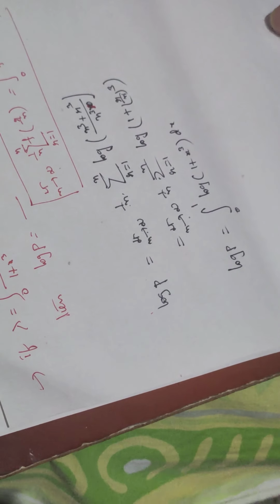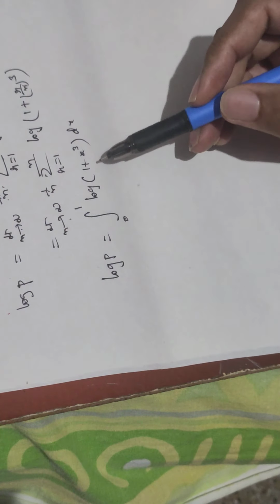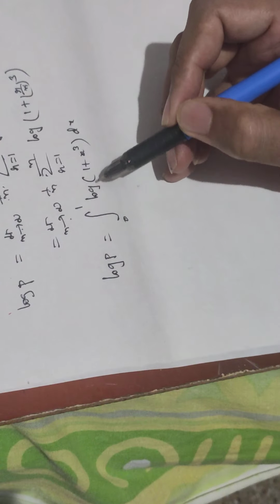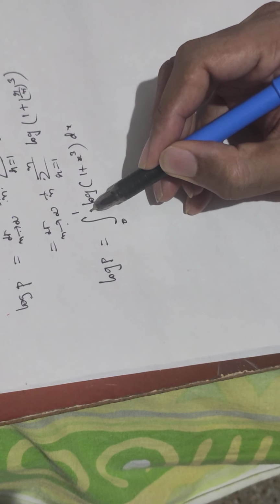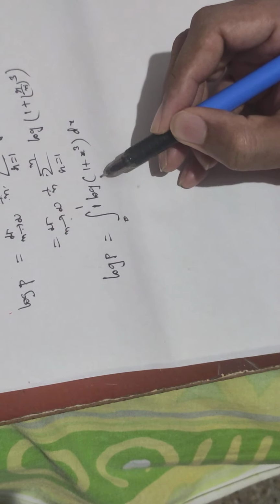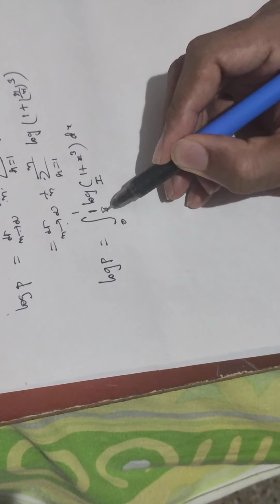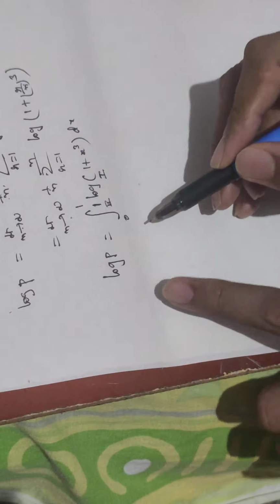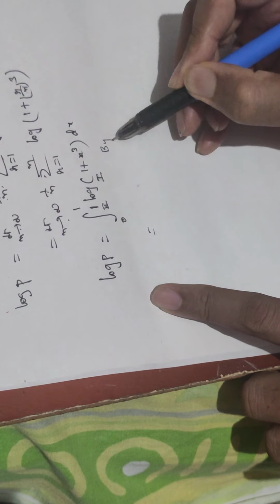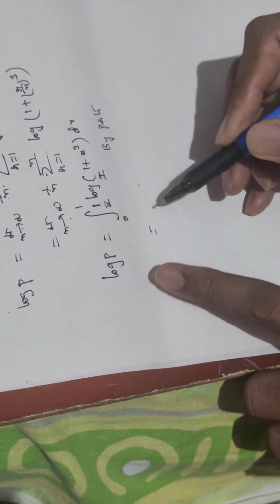But our aim is to find the log p in terms of lambda. Here we evaluate this integral. Only one function is there and it contains log. In that case also we can use integration by parts by taking the other function as 1. So this is the first function, this is the second function. Applying integration by parts, what is the formula?